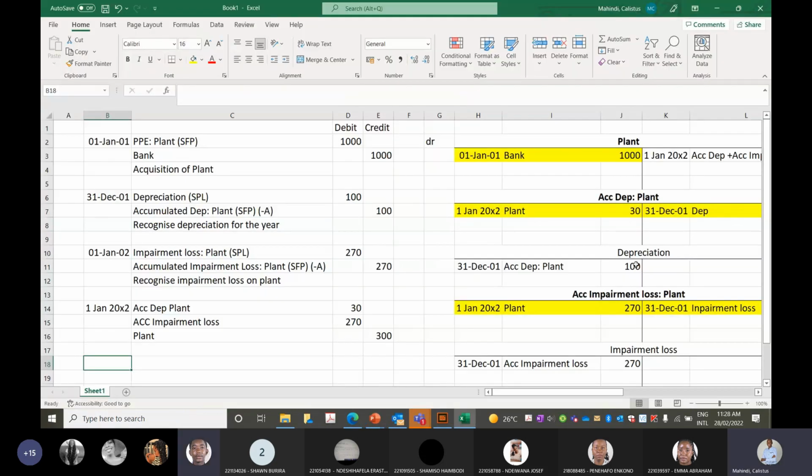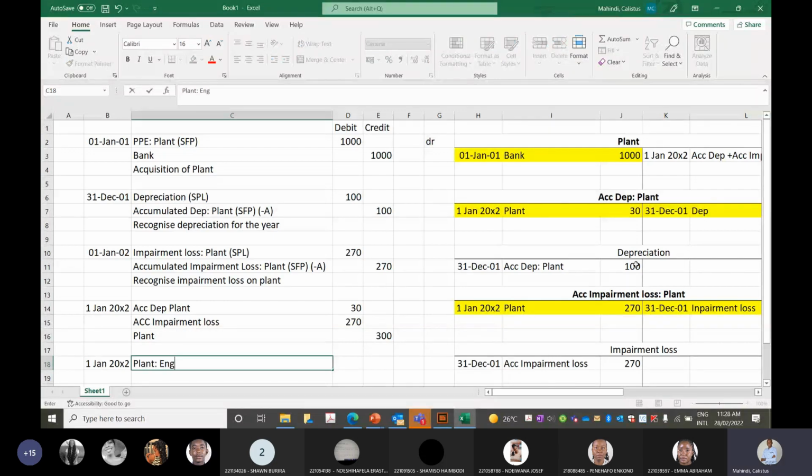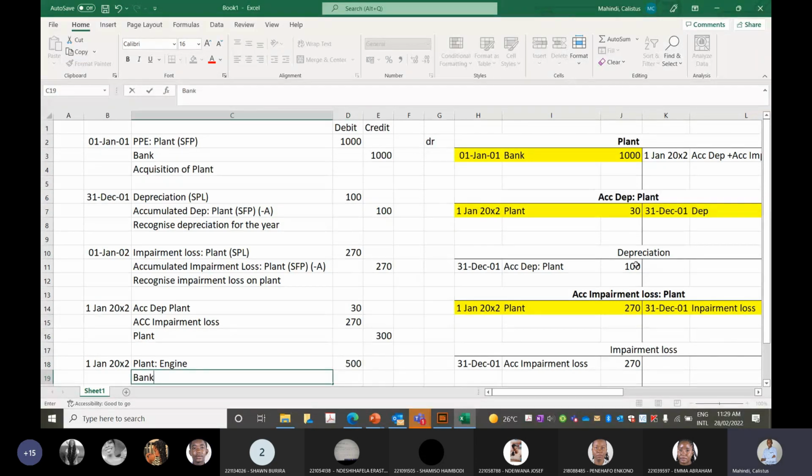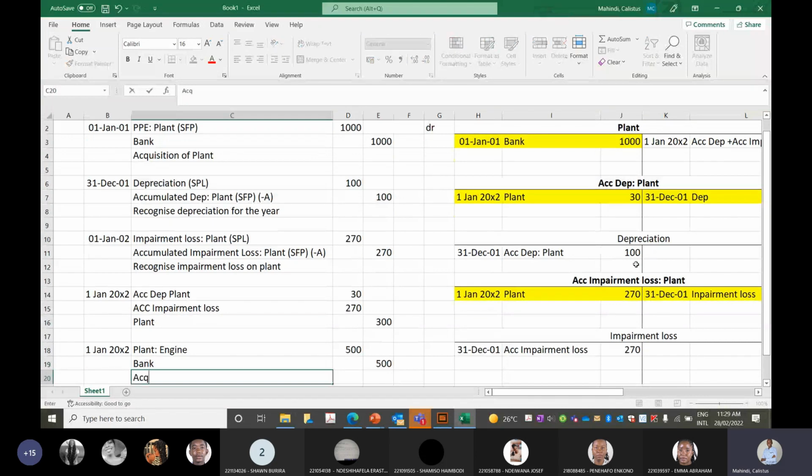So for the new engine, debit your plant, but this would be the engine component, 500, and credit your bank, 500, and your narration is just the acquisition of new engine.